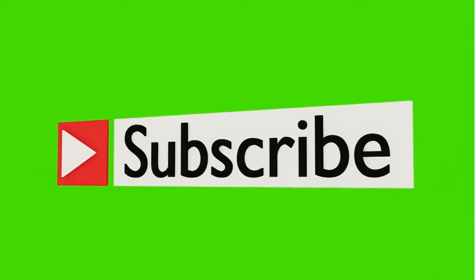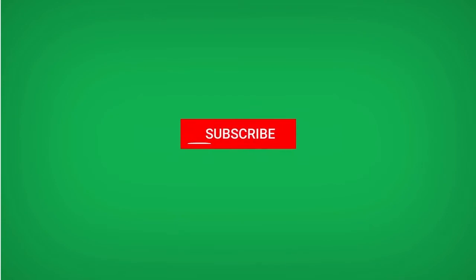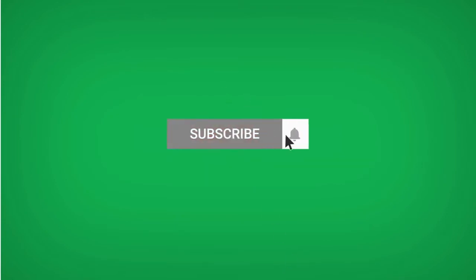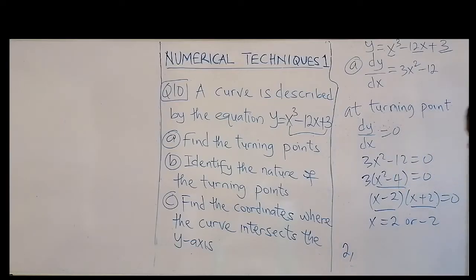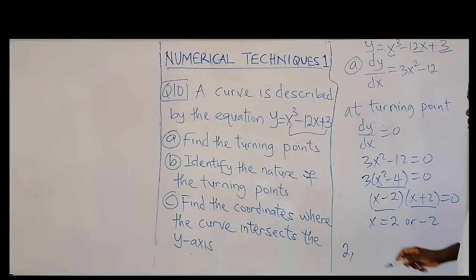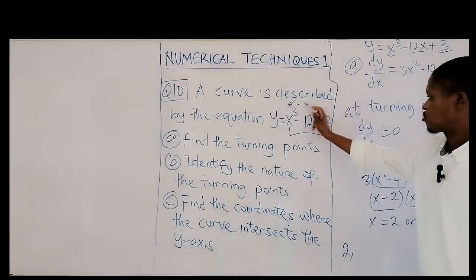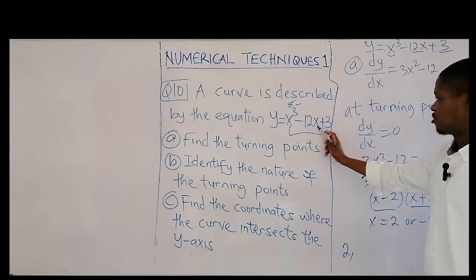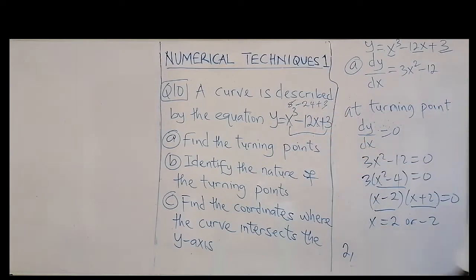So these are the turning points. If we have the time, we can get the corresponding y values. When x is 2, let's get y. This will be 2 to the power 3, which is 8, then minus 2 times 12, that's 24, and plus 3.